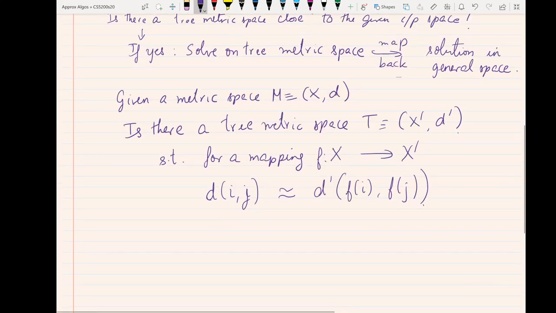What do I mean by this? This is just saying that here's my original metric space of points, which may have general distances. Here's my tree metric space. You want to map points in the original space to points in the tree metric space so that the distances are preserved.